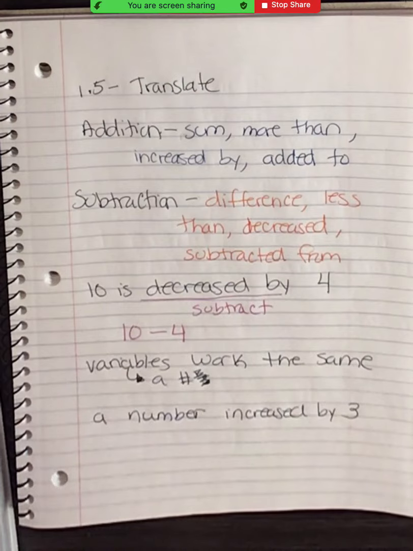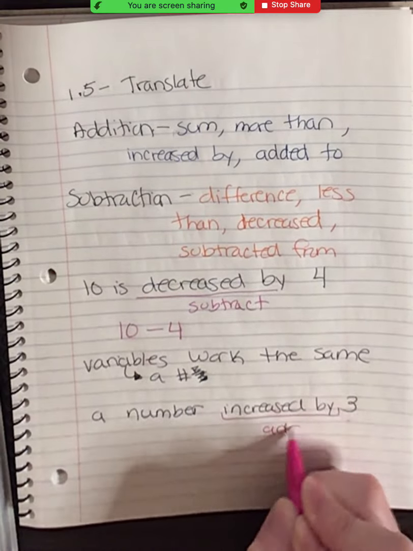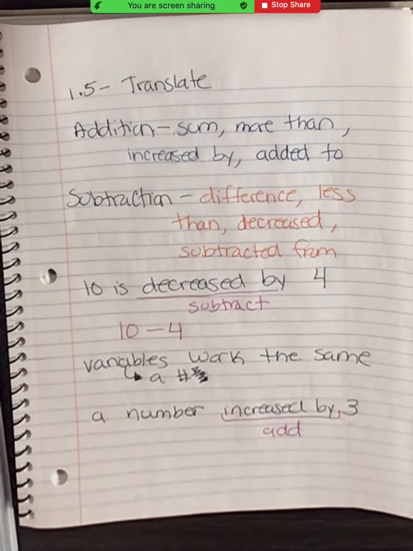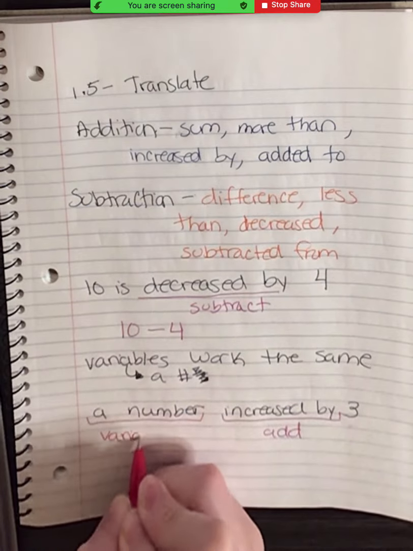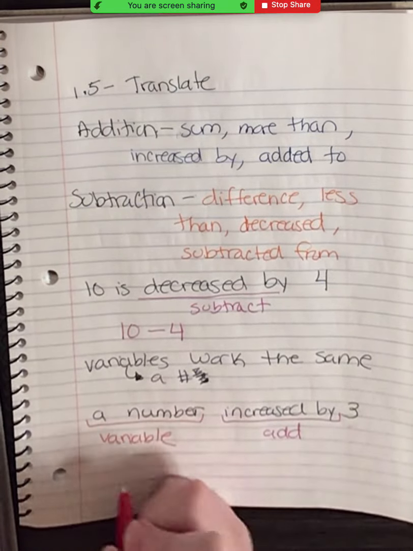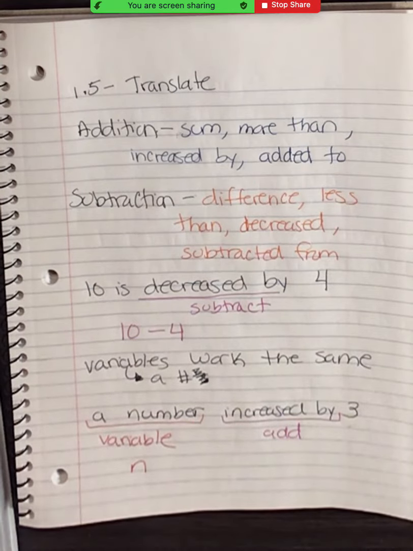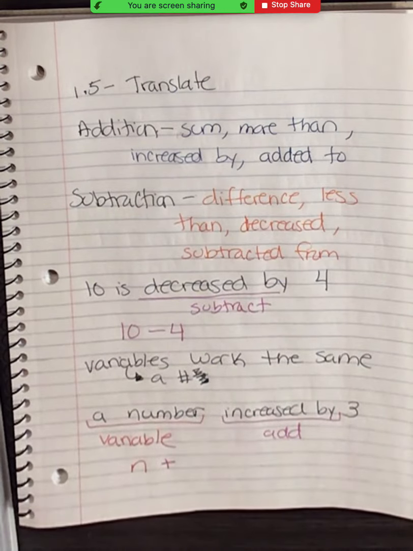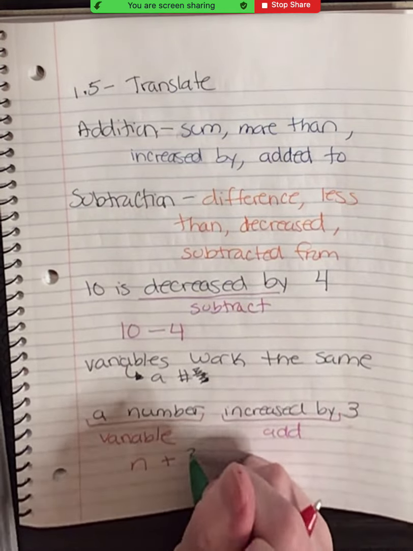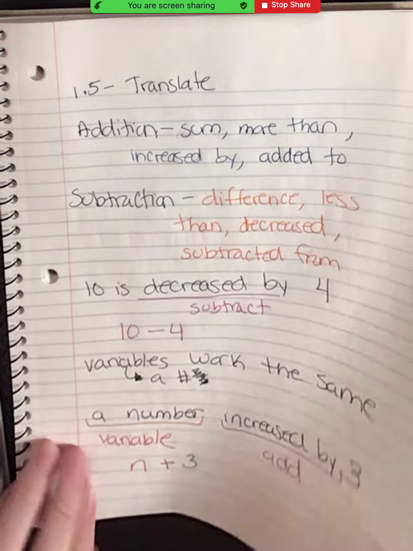The first is the operation. Increased by tells us to add, but then a number, we don't know what that is, so it's going to be a variable. So we're starting with that variable. I'm going to pick n because it says a number. Increased by, meaning we're taking that number, we're making it bigger by a value of 3. So we get n plus 3, or x plus 3, or y plus 3. You just pick a variable.